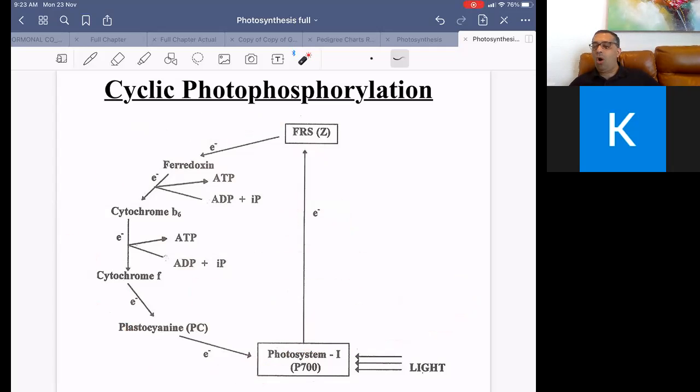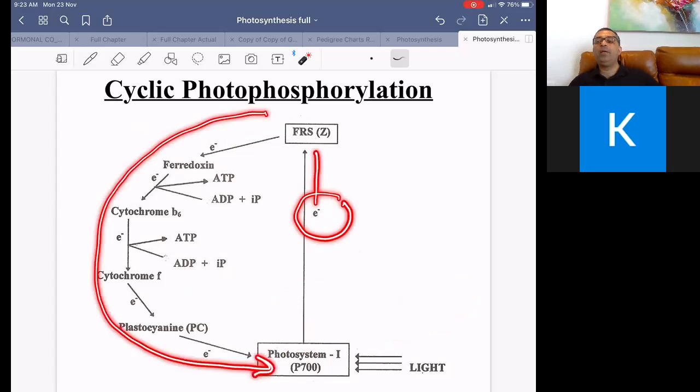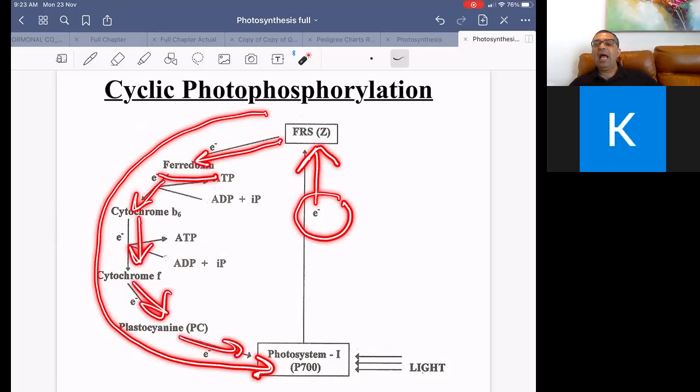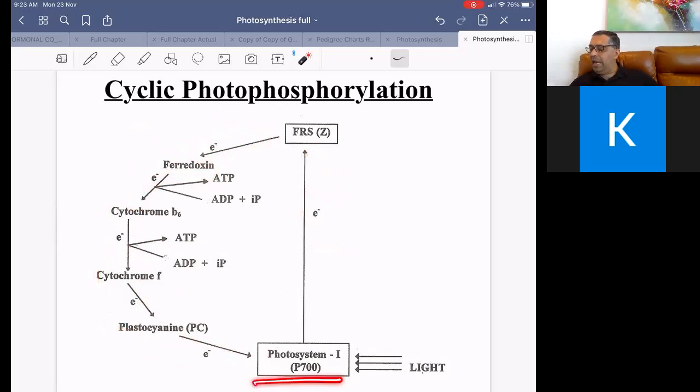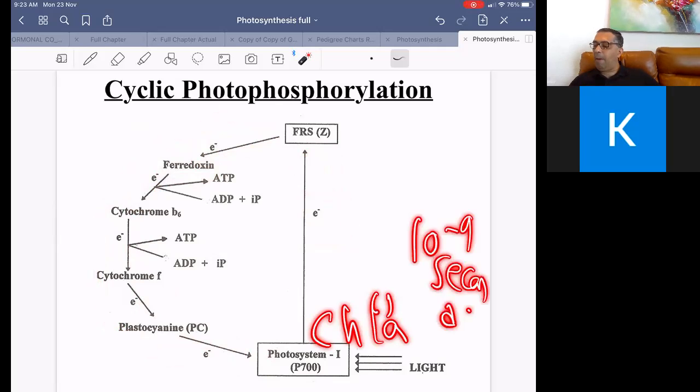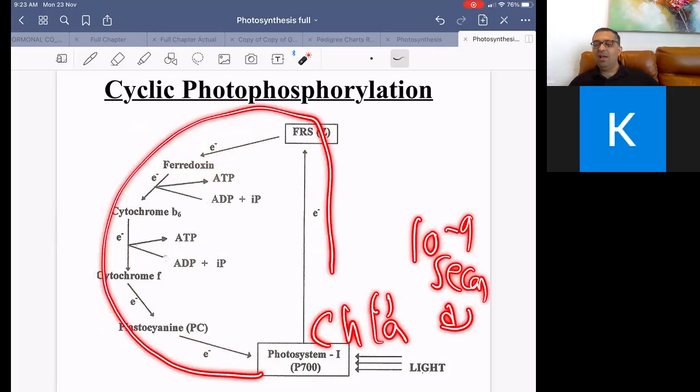So electron will pass through a series of electron acceptors and donors. First it will go to an electron acceptor, then to an electron donor. This will be the electron acceptor, electron donor, acceptor donor, acceptor donor, and chlorophyll A's electron goes and returns back in 10 raised to minus 9 seconds.